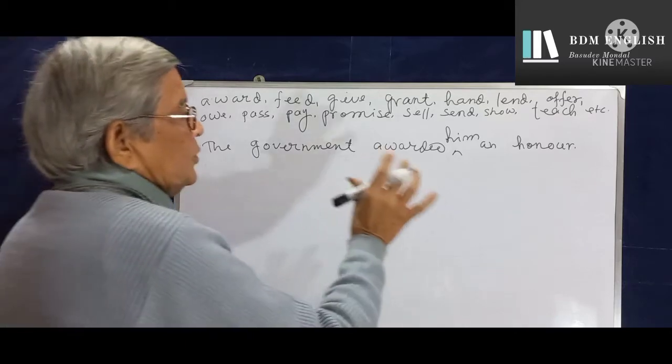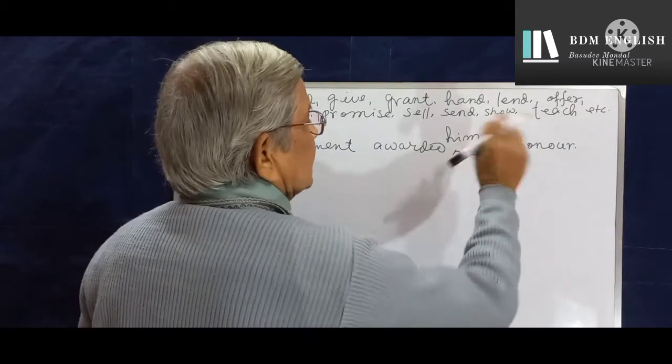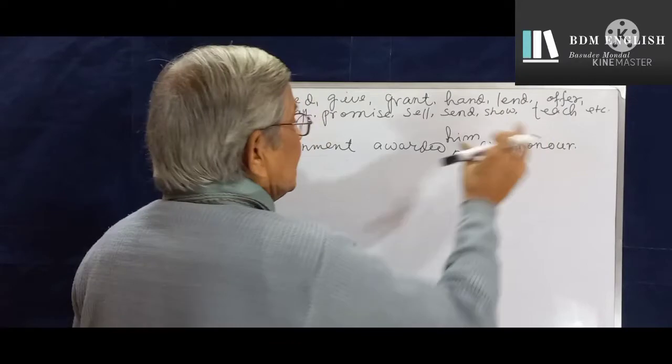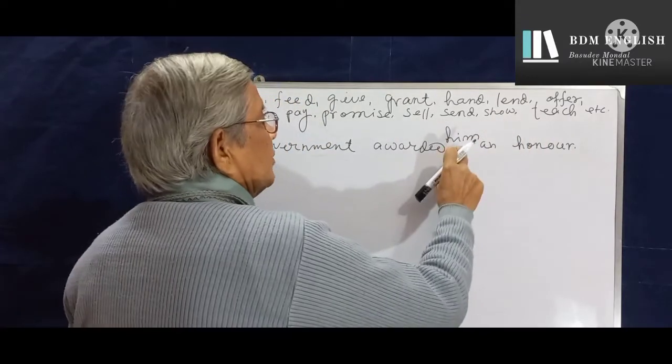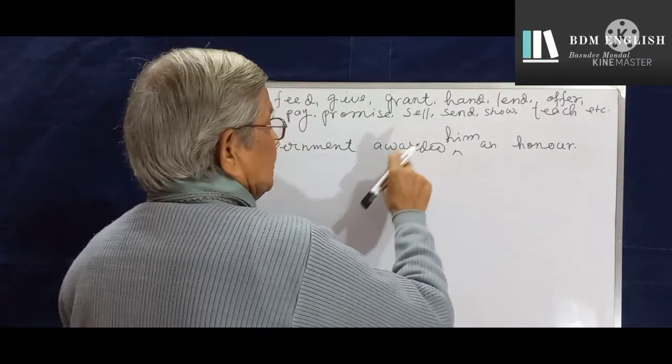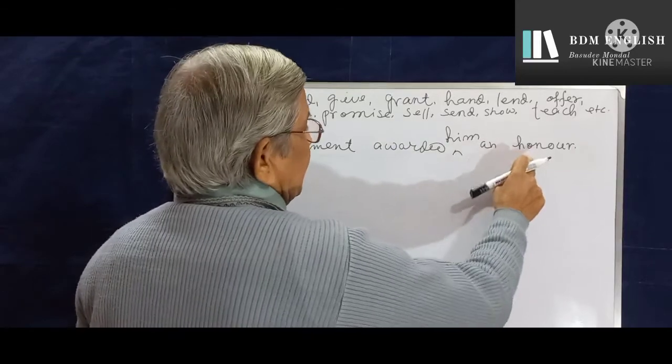We can reverse the positions of the indirect object and the direct object. Usually, the indirect object is placed first after the verb and then the direct object.